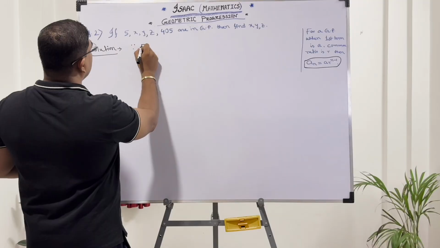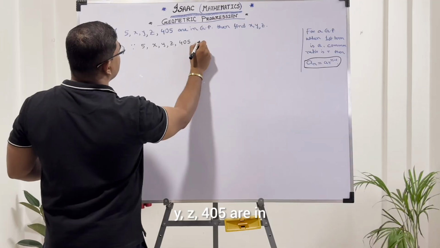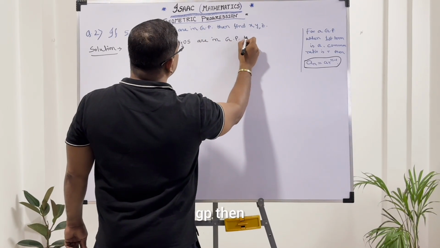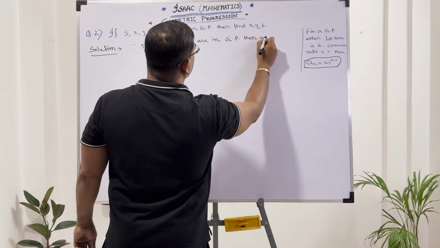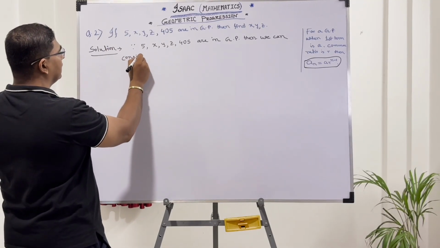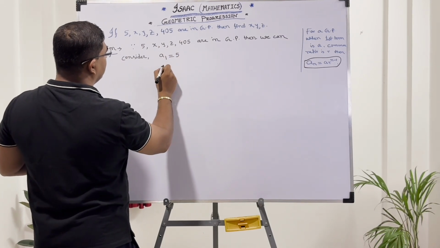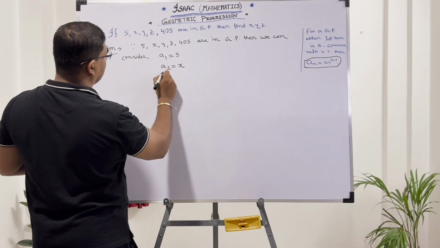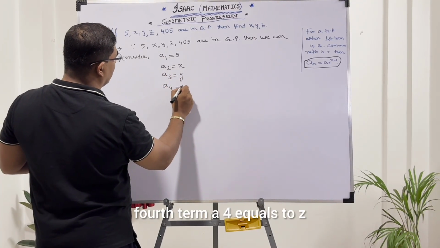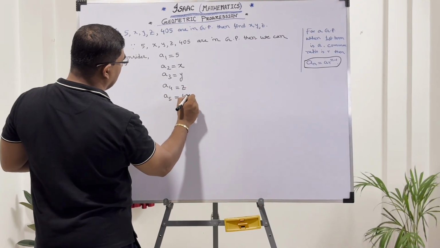Since 5, X, Y, Z, 405 are in GP, then we can consider first term A1 equals to 5, second term A2 equals to X, third term A3 equals to Y, fourth term A4 equals to Z, and fifth term A5 equals to 405.